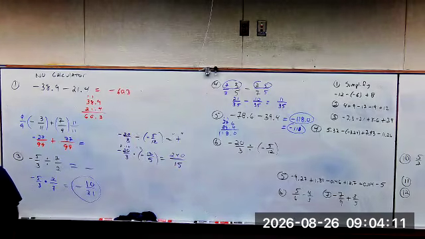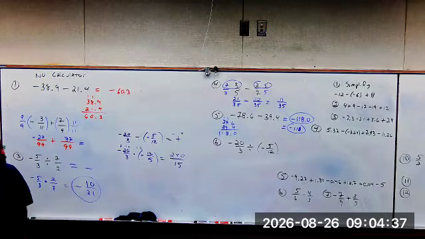And on a few of the quizzes that I looked at, different results, that was the common mistake. It wasn't reduced to lowest terms. And we know it's not in lowest terms because the numerator ends in a 0 and the denominator ends in a 5, so we know there's at least a common factor of 5.